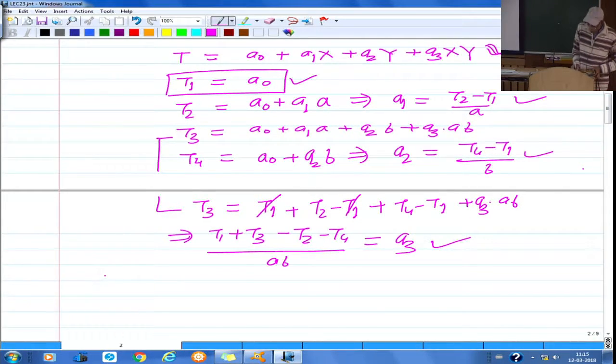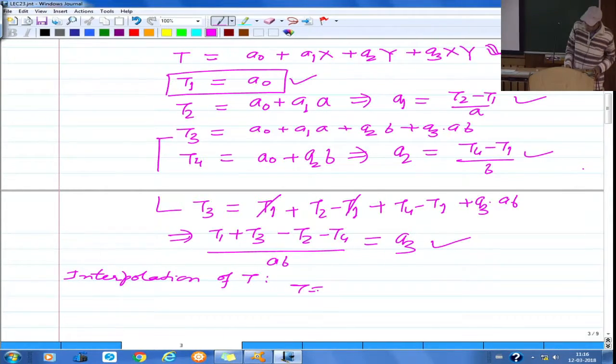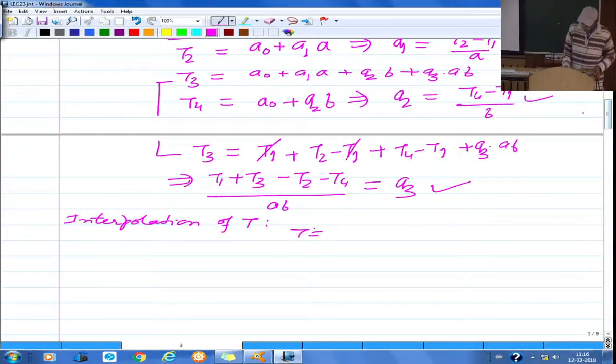Finally, using all of these, the interpolation of T can be written in terms of shape functions. Now see, we do not talk of area coordinates here, like for the triangle. In case of a rectangle, we don't have that kind of concept, that ratio of area of rectangle or something like that.